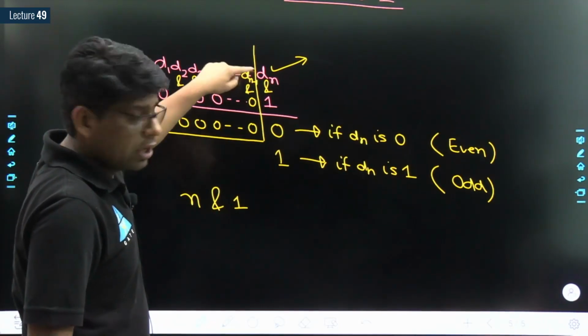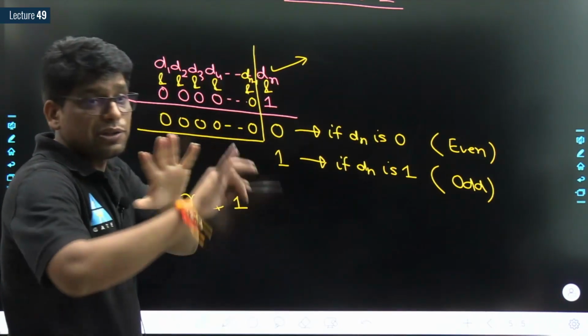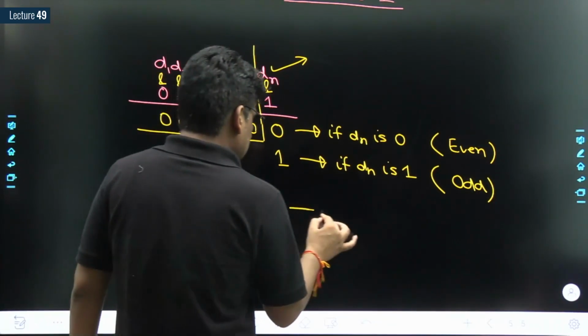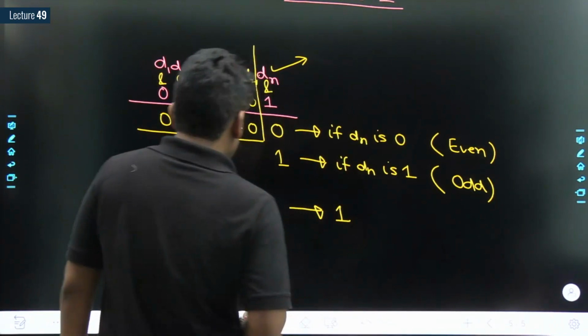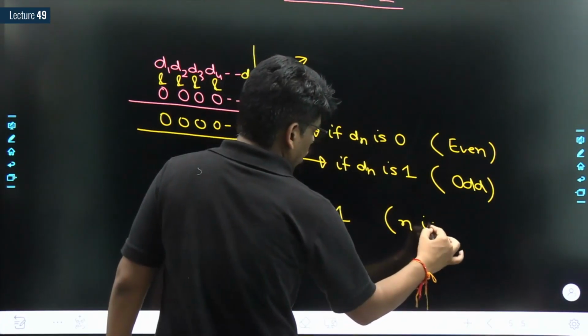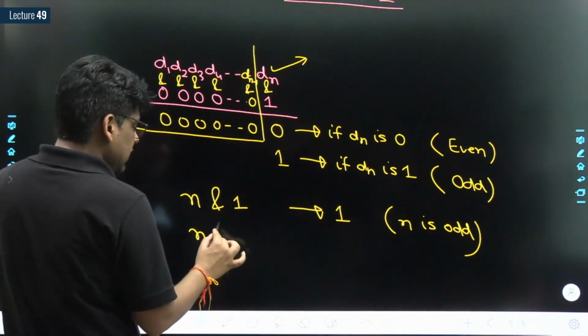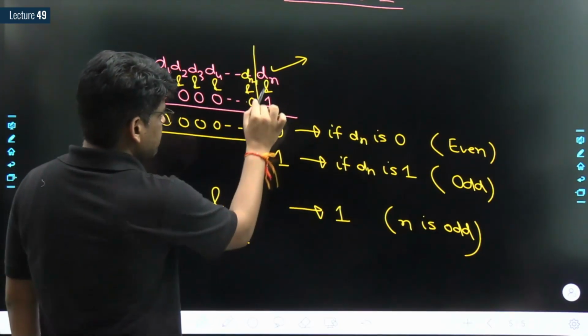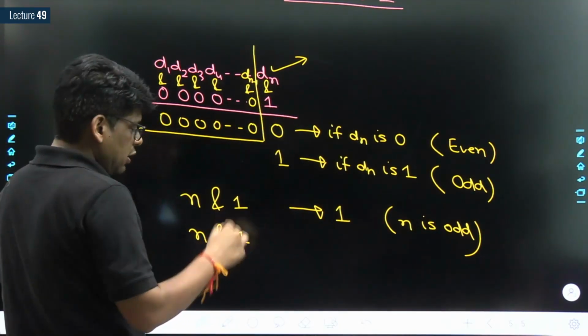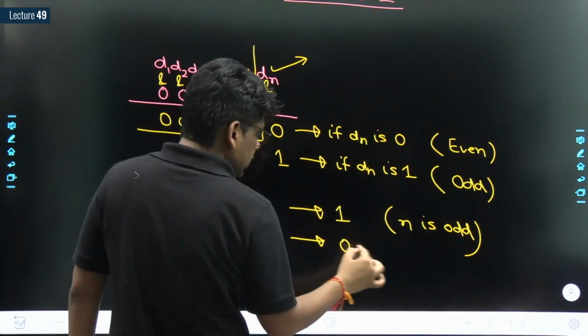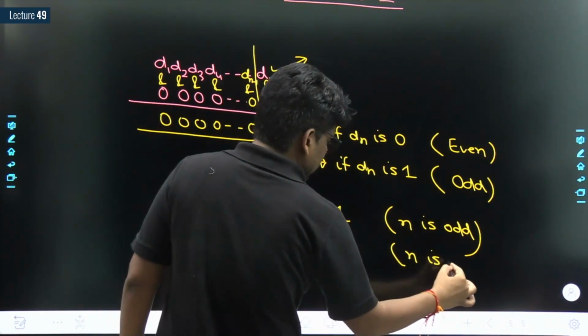If this is odd, the last bit is 1, and 1 AND 1 is 1. That means the result will be 1 in case n is odd. But in case n is even, the last bit is 0, and 0 AND something is 0. That means the result will be 0 if n is even.